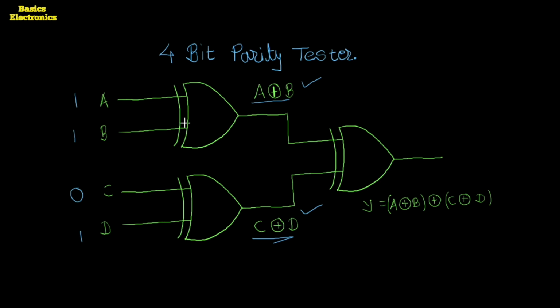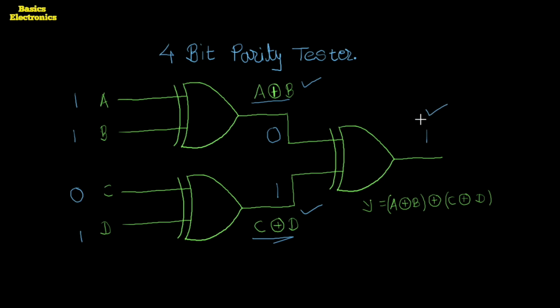For the first XOR gate, the inputs are A and B. Both are the same, both are equal. Therefore the first XOR gate produces a low output. The second XOR gate produces a high output because different inputs are applied.